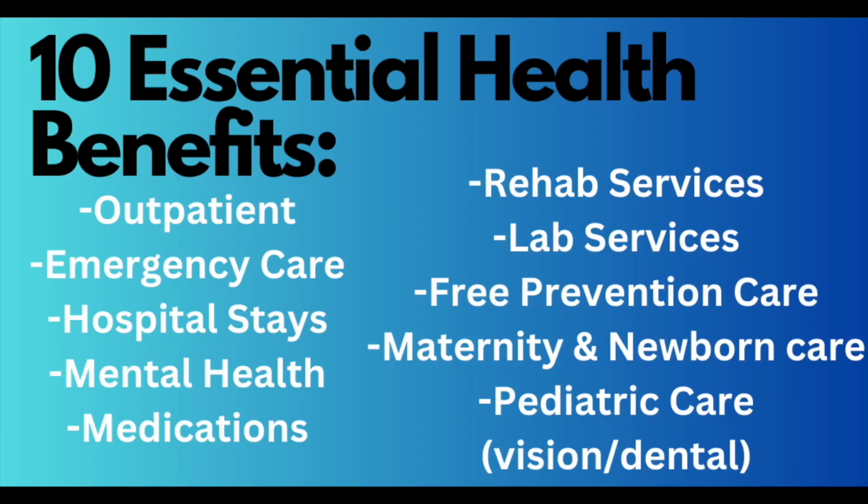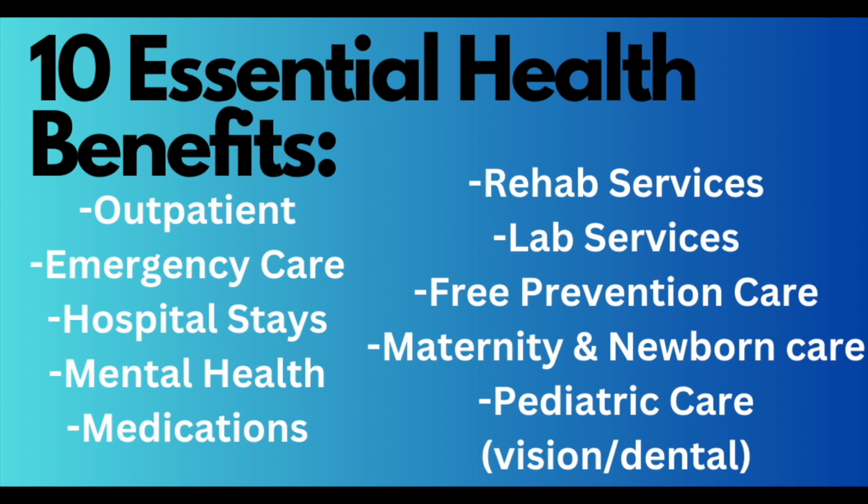The 10 essential health benefits are outpatient care, emergency care, hospital stays, mental health, prescription drug coverage, rehab services, which will include physical therapy, occupational therapy, speech therapy, and rehab services for individuals that need drug treatments or have alcohol abuse issues and things like that, lab services like getting your blood drawn, free preventative care, maternity and newborn care, pediatric care.